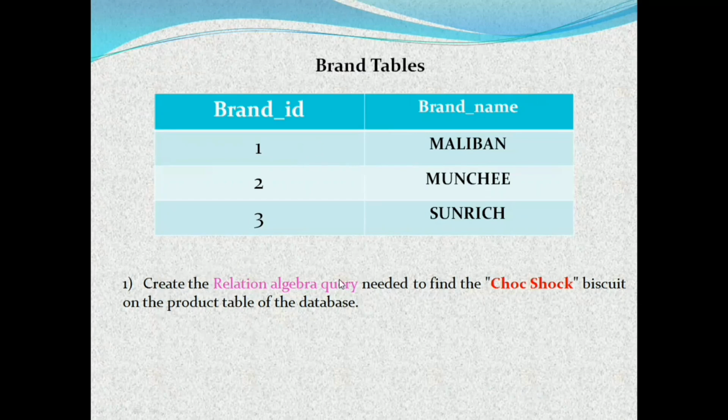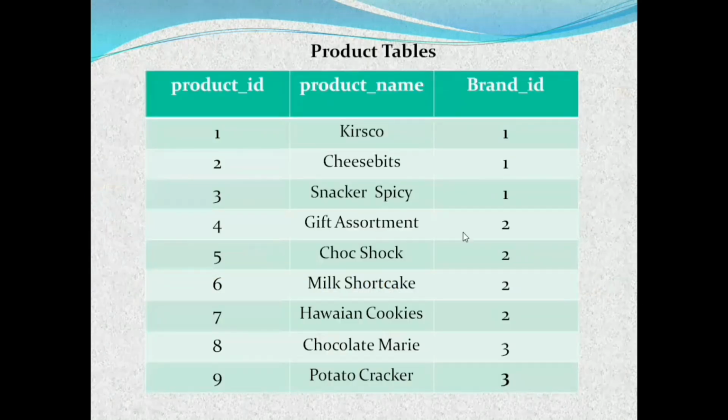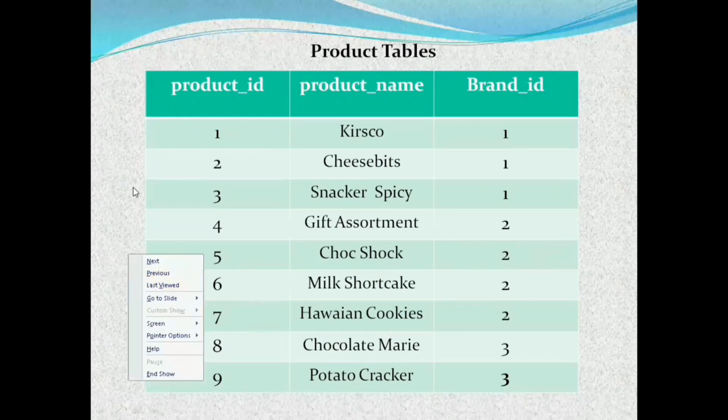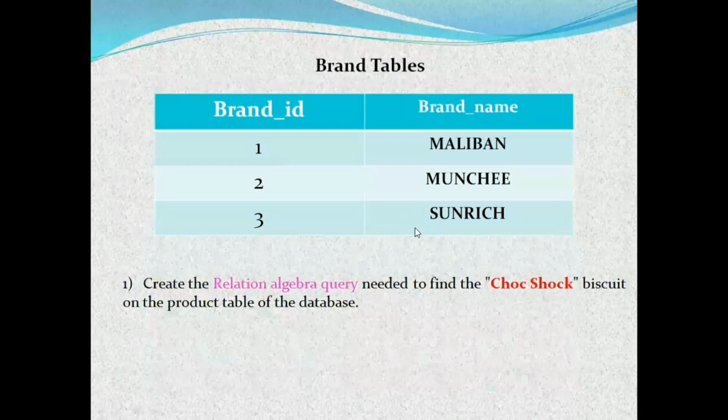Create the relational algebra query needed to find the Choc Shock biscuit in the product table of the database. Let's go to the previous table. Choc Shock's product ID is 5, and its brand ID is 2, which is the Munchie brand.